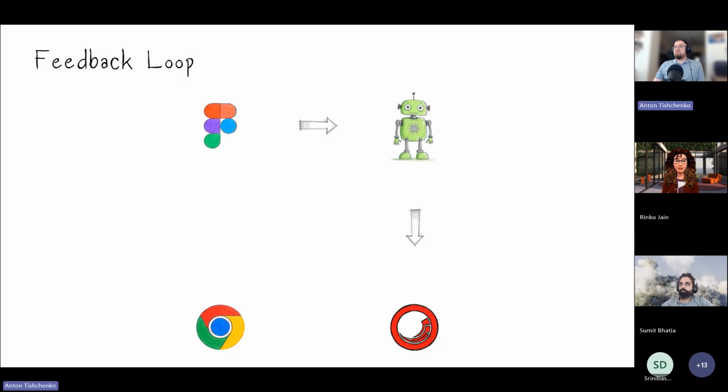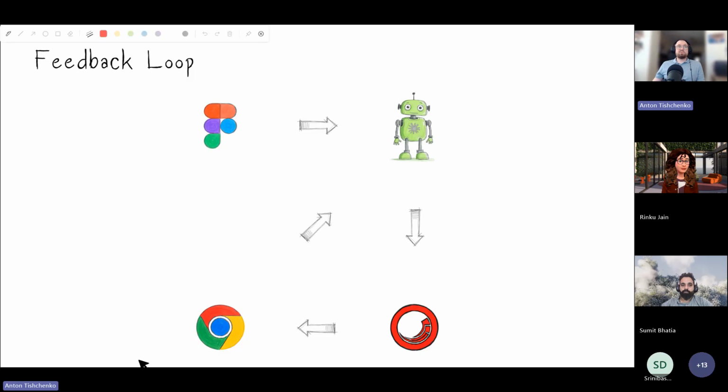And once everything is done, we will be able to see it in Chrome. But not only will we be able to see it in Chrome, our large language model will be able to access the result in Chrome as well, and it will be able to see if something is wrong.